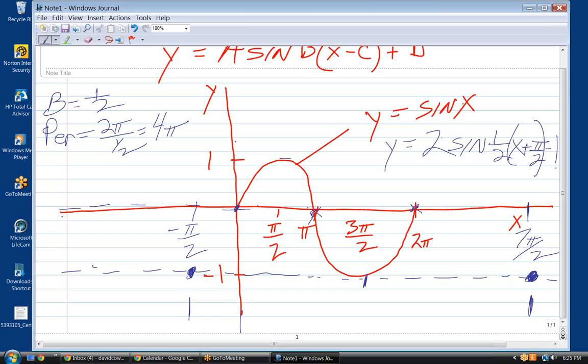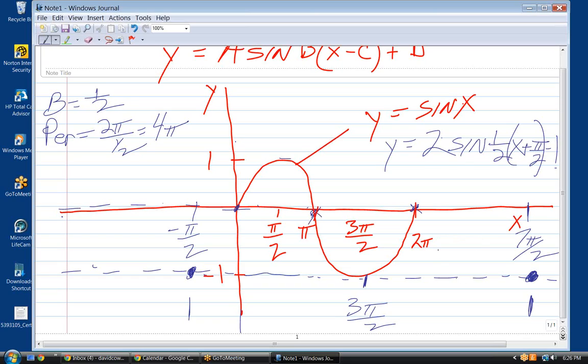Okay. For some reason that doesn't seem right to me. It seems like we need to divide by 2, but we'll go with this. I'm going to put my labels down here. That's 3 pi over 2. That makes sense. That's 2 pi away from each end point. So that's the midpoint for sure.